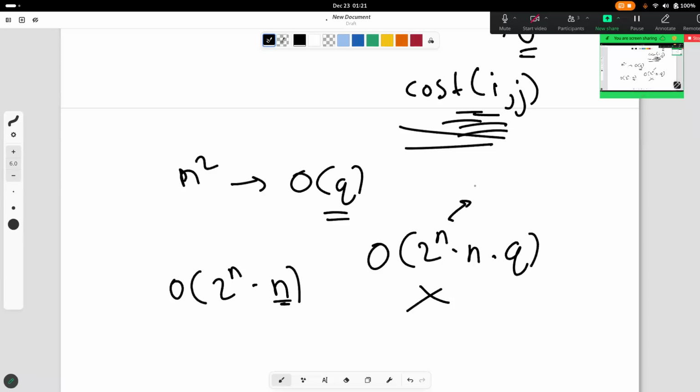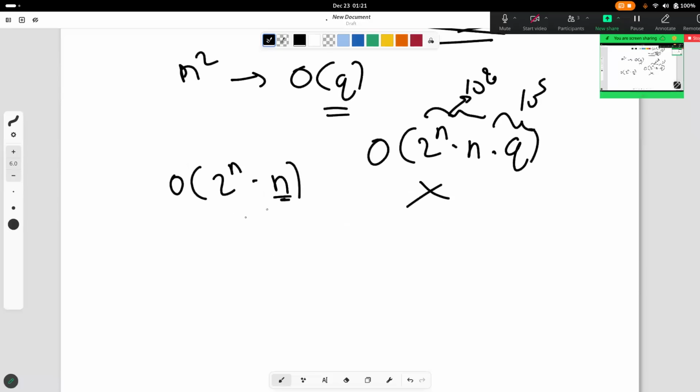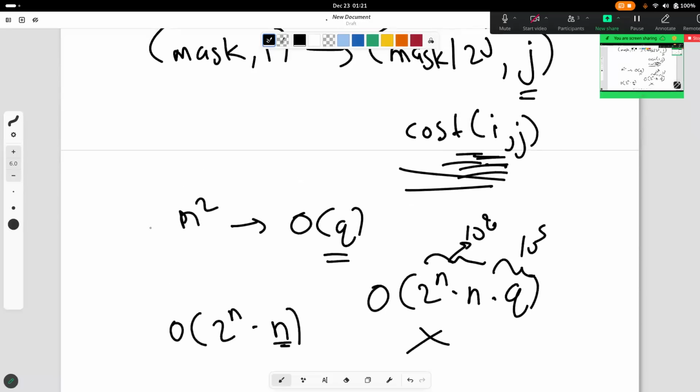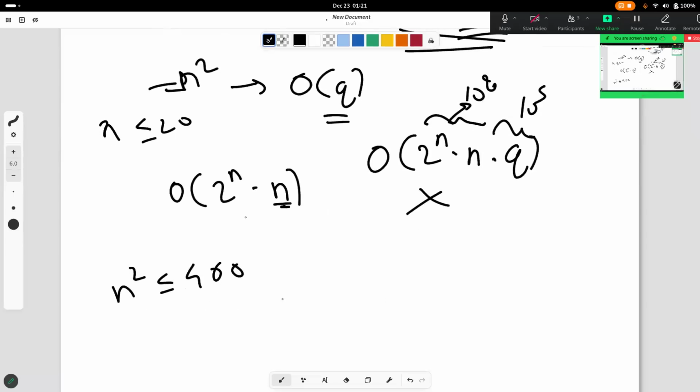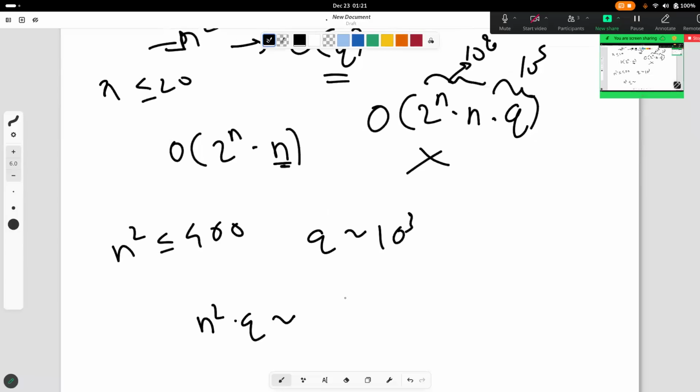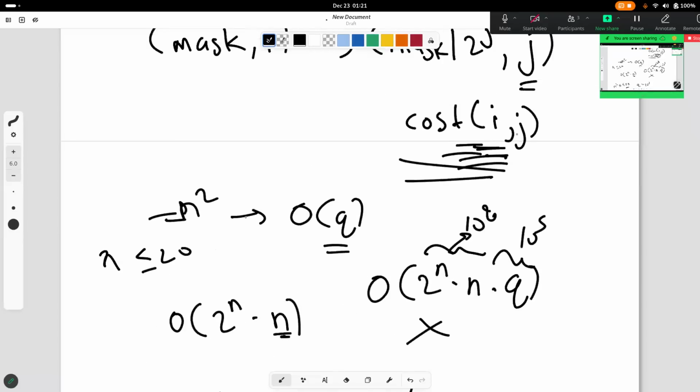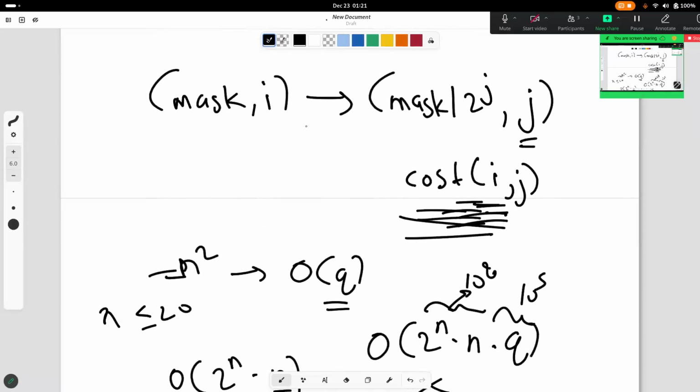This in itself would become something like 10 raised to power 8, and this would add an additional 10 raised to power 5. So what we can do is pre-calculate this, because n is up to 20, so n squared is up to 400, and q is around 10 power 5, so n squared into q would give you something around 4 into 10 power 7. That would be the time complexity, and space complexity wise you would have some 400. So we can pre-calculate this and make the whole transition work in big O of one time.